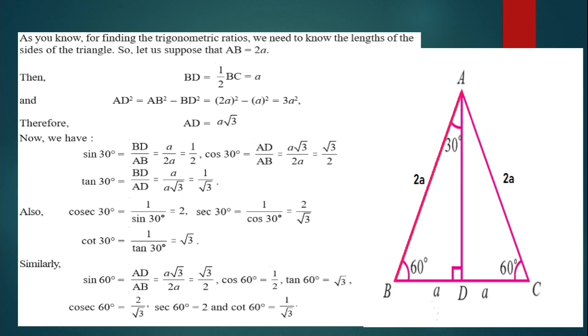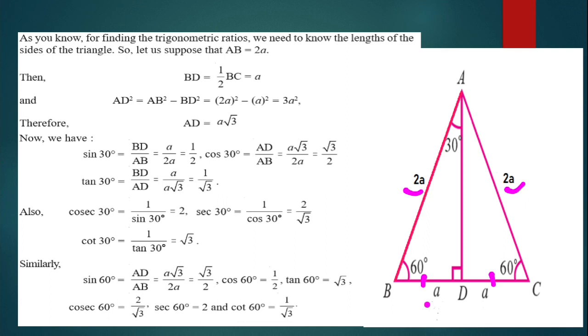As you know, for finding a trigonometric ratio, we need to know the lengths of the sides of the triangle. So that's why I am considering the sides of the equilateral triangle as 2A. Now in the previous slide I proved that BD is equal to CD.